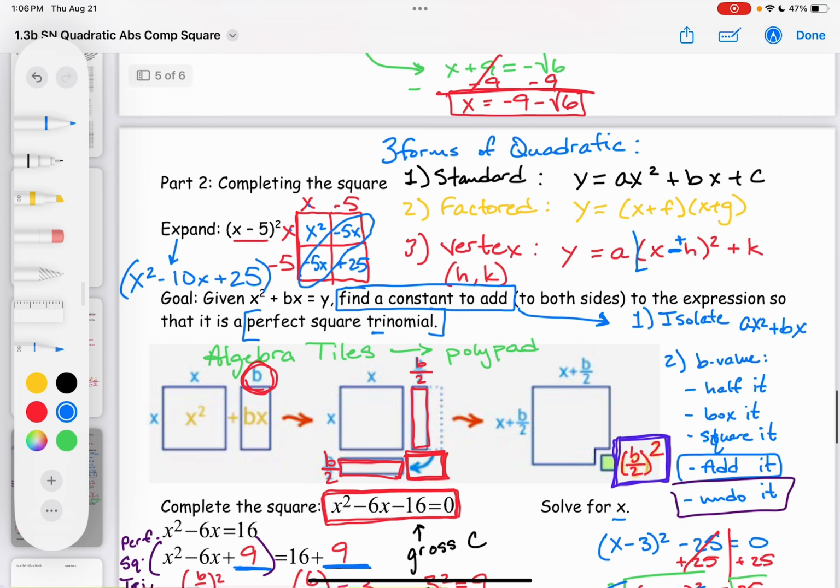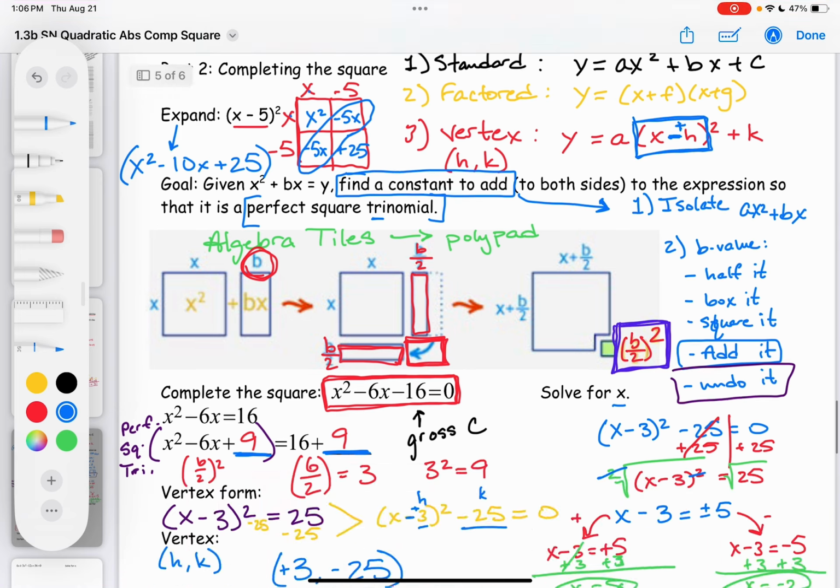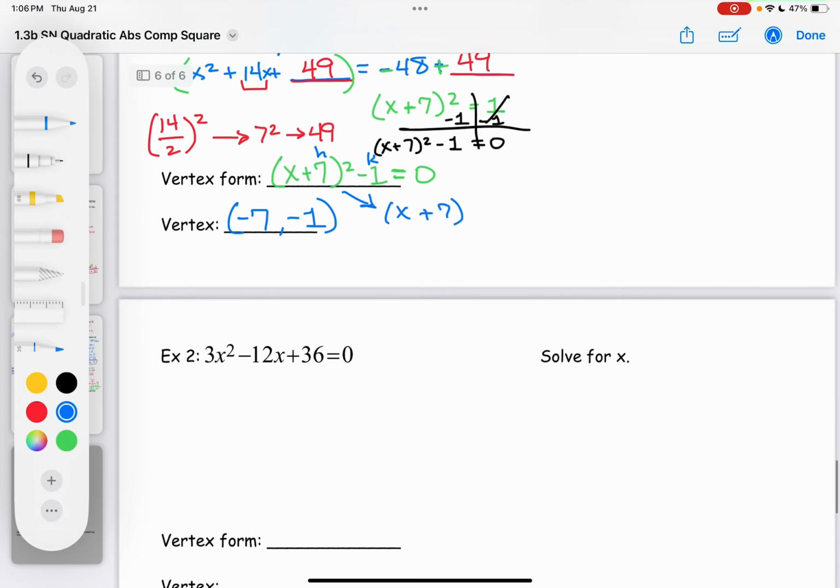Look at the original: it's x minus h. So for this to have become addition, it must be x minus negative 7, which means my h value is not positive 7, it's negative 7. Subtracting a negative becomes addition. And then the negative 1 is just a negative 1.